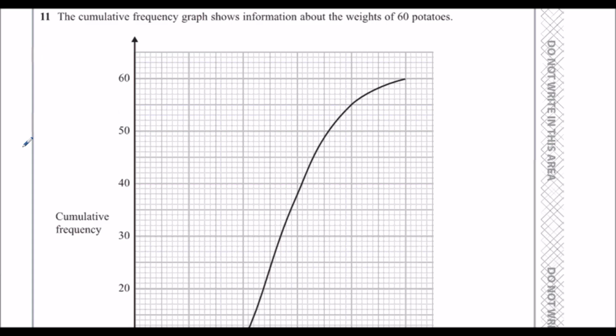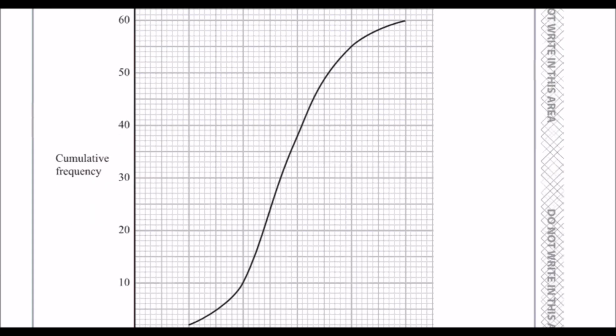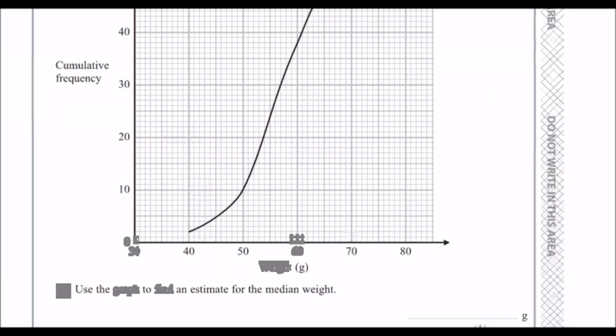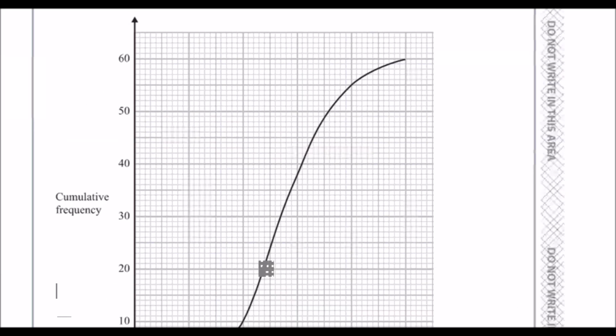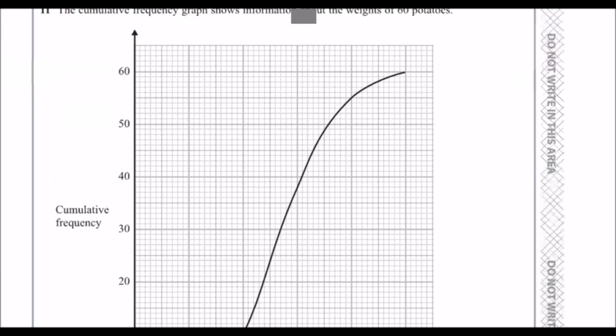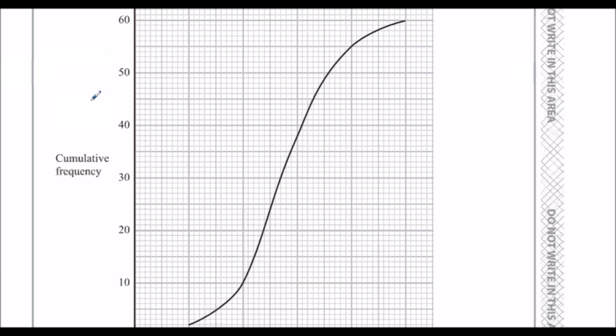Question 11. The cumulative frequency graph shows information about the weights of 60 potatoes. So we've got a cumulative frequency graph. Use the graph to find an estimate for the median weight. So we've got 60 potatoes. To find the median, we're going to look at the weight of the 30th potato.